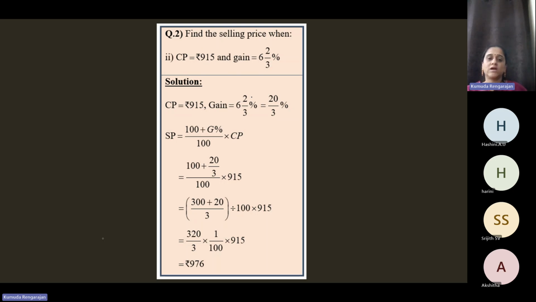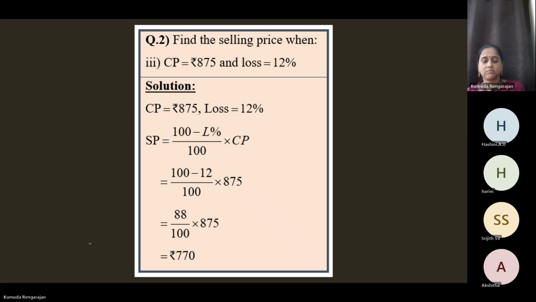When we have a mixed fraction, we convert that to an improper fraction. So the numerator itself is like a fraction, so you write it as divided by 100. So the next step, it becomes into 1 by 100. And then here you should simplify by taking the LCM. Is that fine? Go through this.